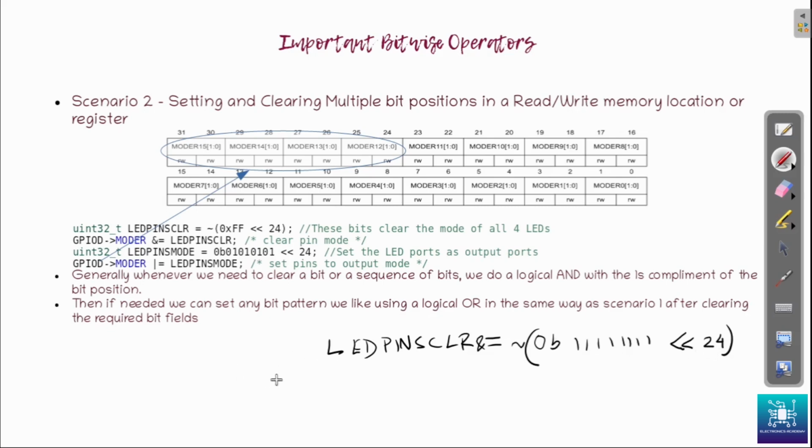So if the value was FF, then for a 32-bit register, this value is going to be FF, and then all of the rest are going to be zeros. So FF 0 0 0 0. This is what the value is going to be.